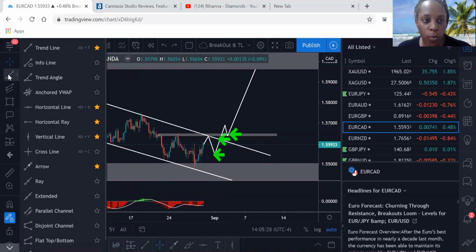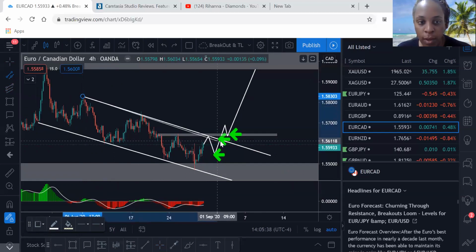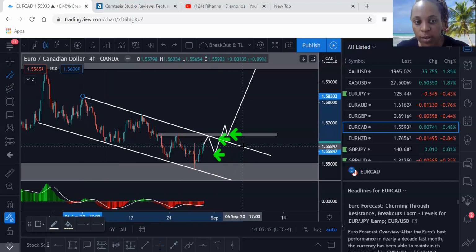So it's here. Where you see trend line, parallel channel, you start just where it started, at the resistance. You click here and you just bring it down, similar, because it starts as a trend line. So you bring it down to get the resistance coming down.